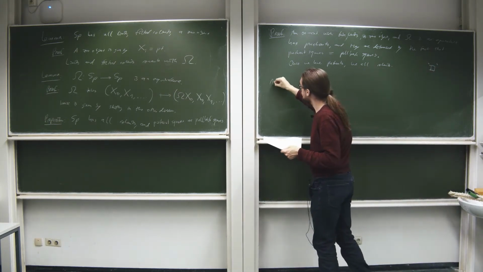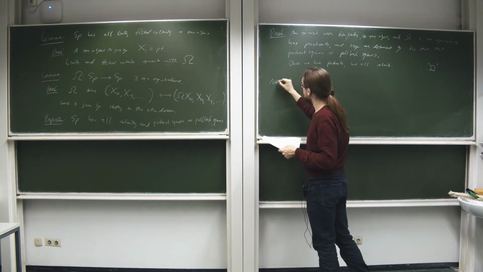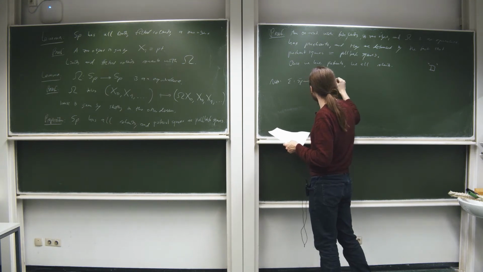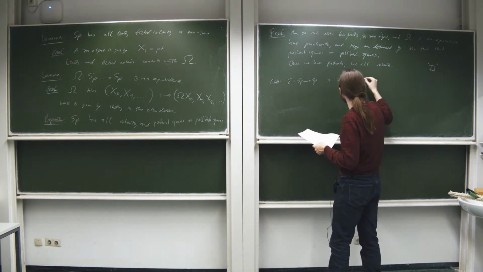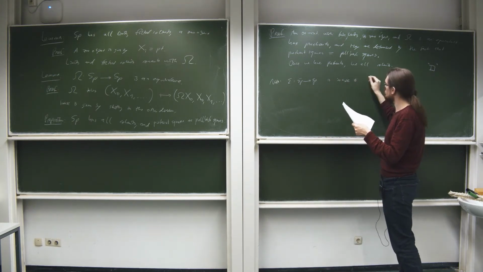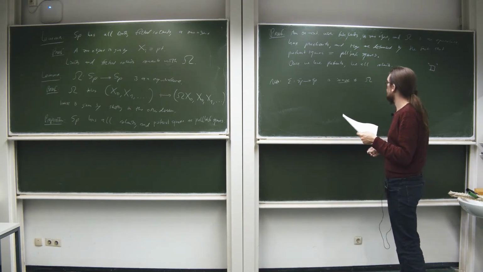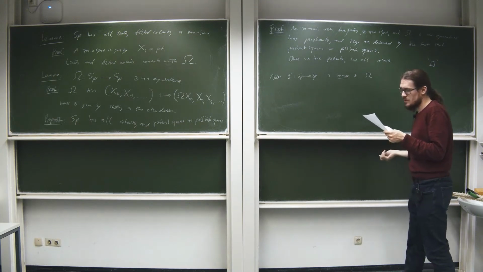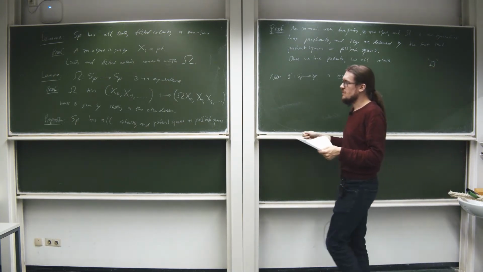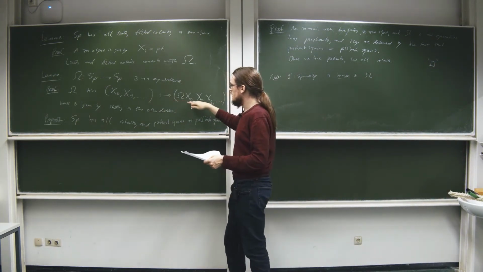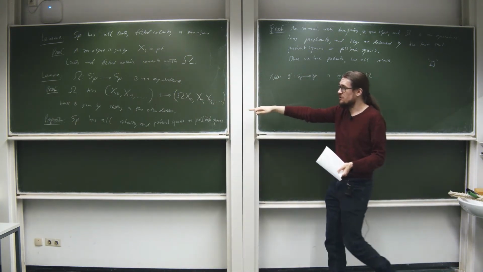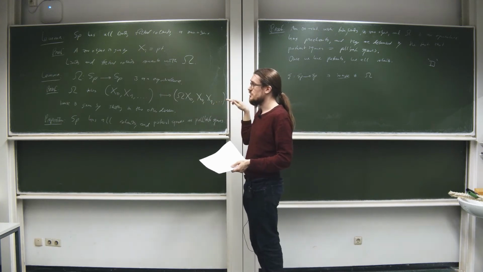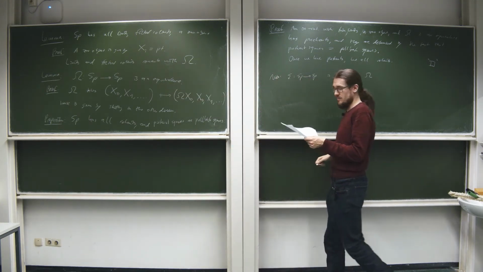So note, sigma from spectra to spectra is inverse to omega. And since we saw that omega shifts the indexing in one direction, this means that sigma is this other functor that went unnamed here, that just shifts back.